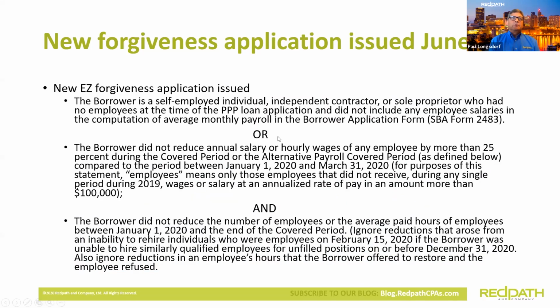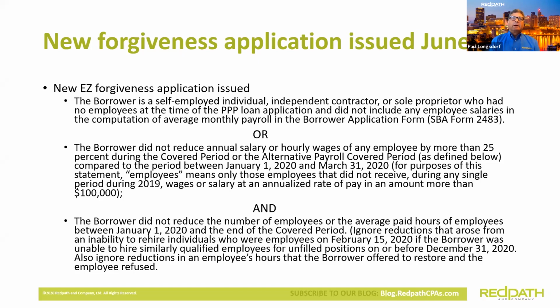So they also issued a new EZ forgiveness application. And, I think quite honestly, largely because Congress were telling Treasury and SBA that everything was too complicated to apply for the forgiveness. And so they wanted them to issue an easier application. So there are 3 scenarios where you are eligible for that application.